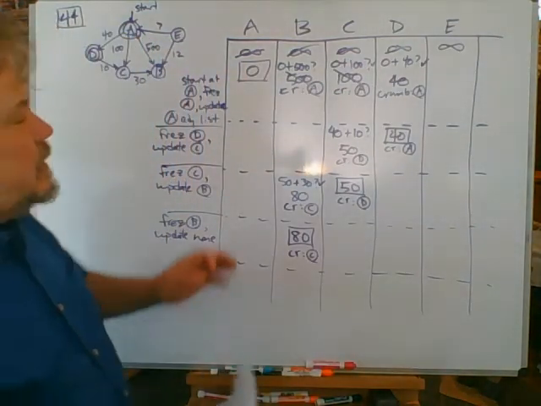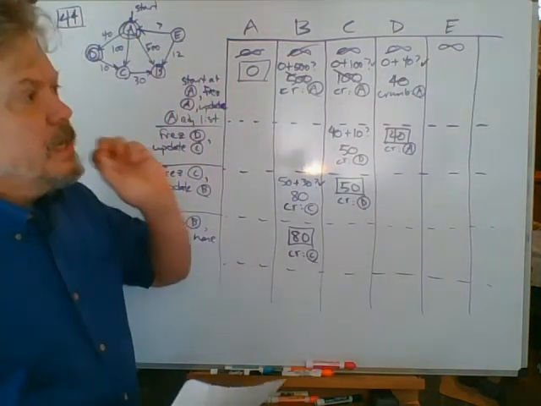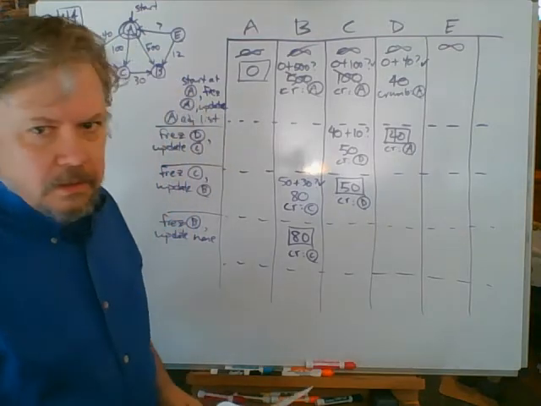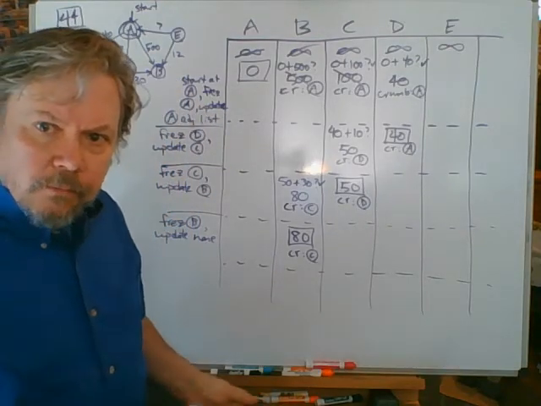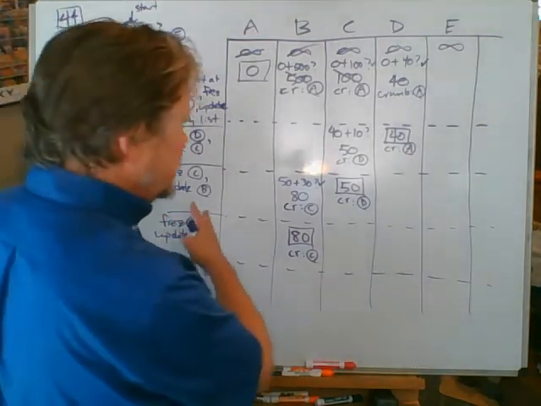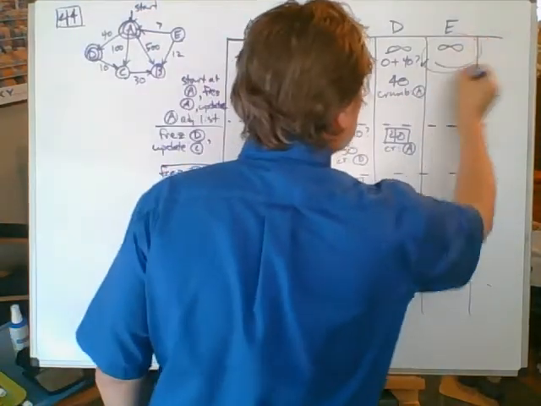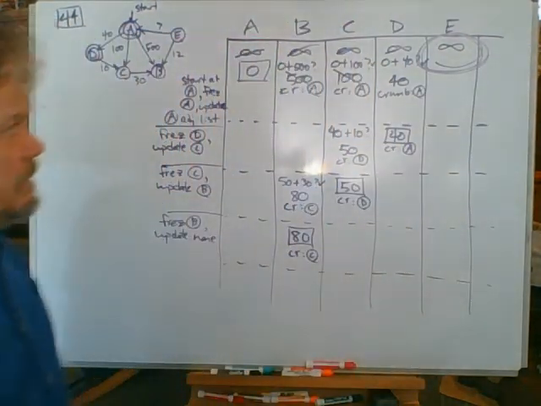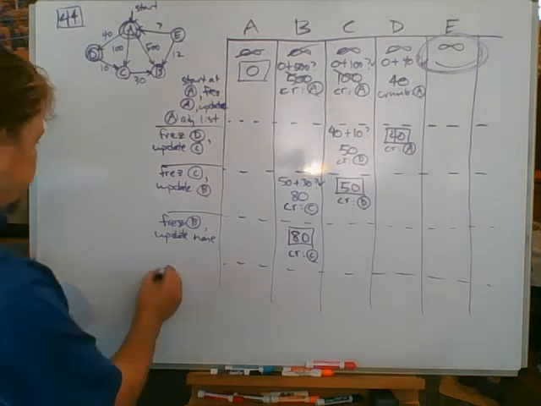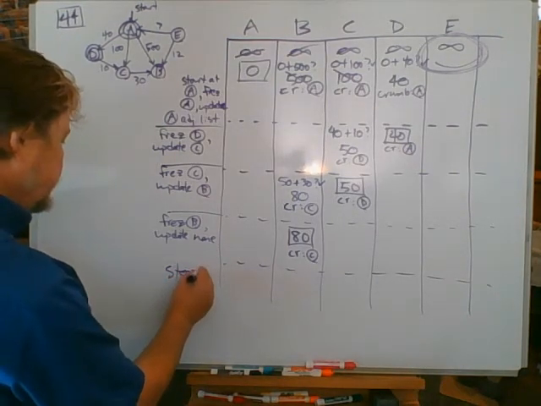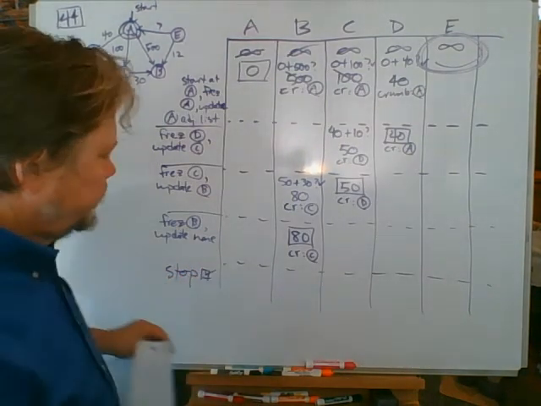We look to see what the smallest unfrozen distance is. The smallest unfrozen distance back to the start. In this case, everybody's frozen but E. That's our smallest unfrozen distance, infinity. And then we stop. Why do we stop? Box with a check mark in it.